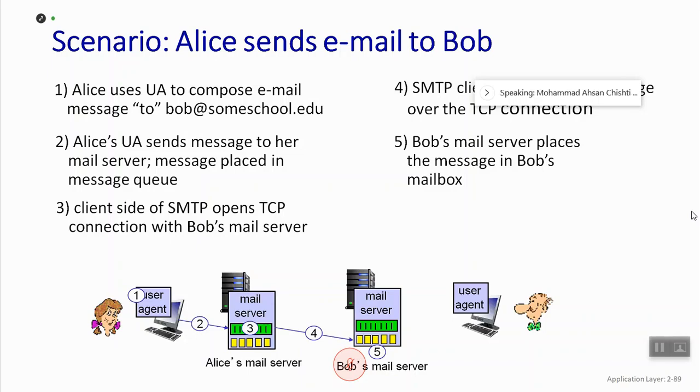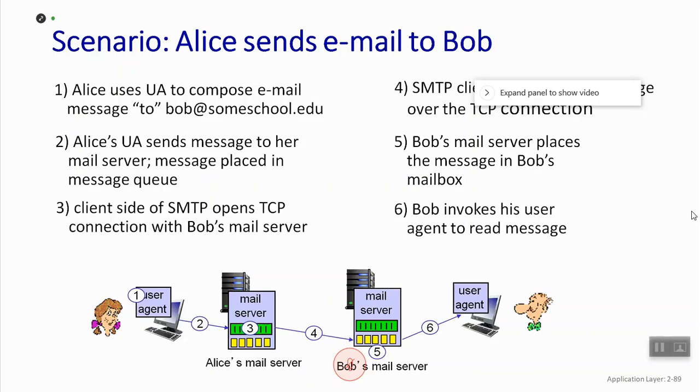Then when Bob logs in to his email, he retrieves these messages from his inbox, and once retrieved, he gets to read the emails sent by Alice to him.